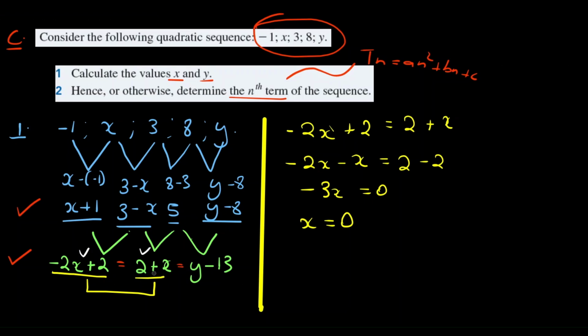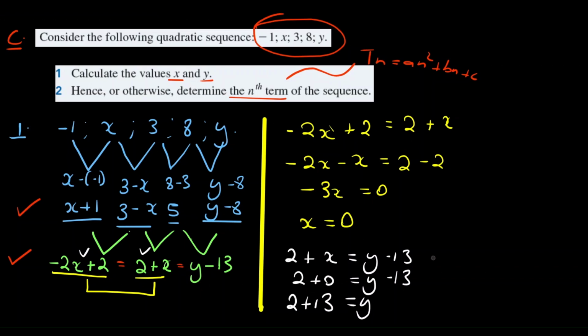So we can just take 2 plus x and equate it to y minus 13. Where there's x, we substitute 0. So we'll take the 13 to the other side, 2 plus 13 is y, so therefore our y value is equal to 15.